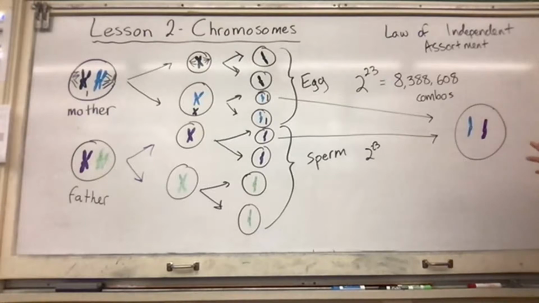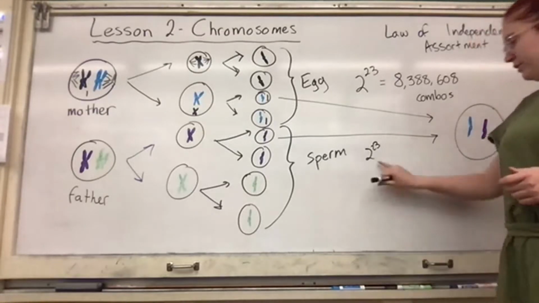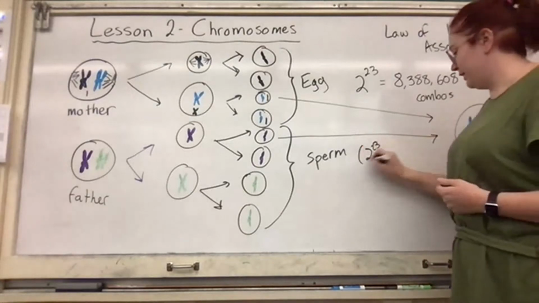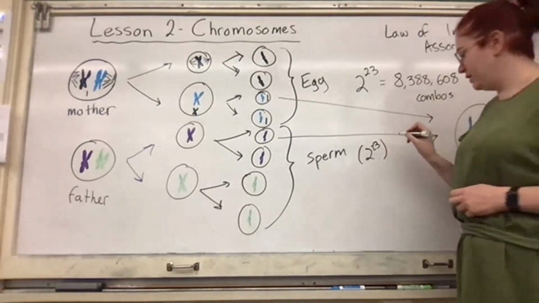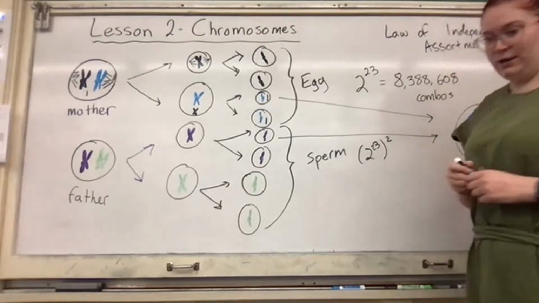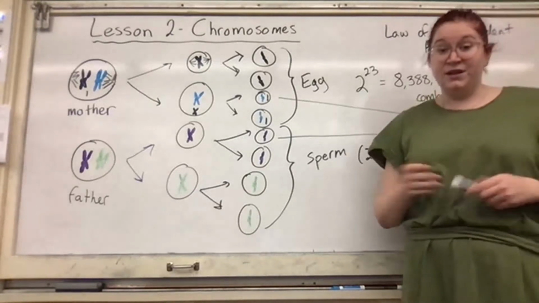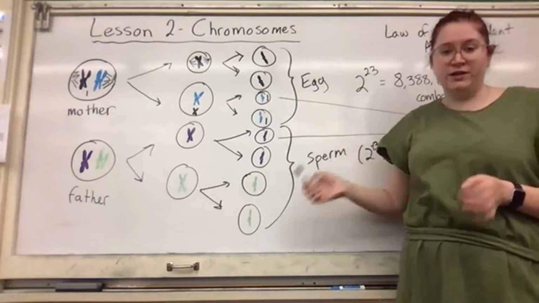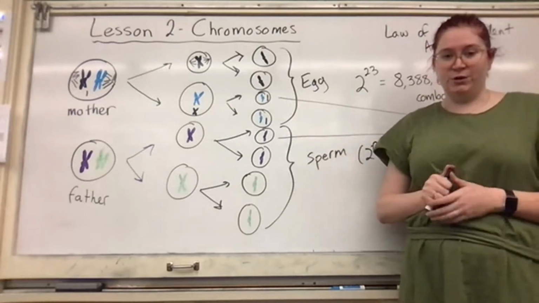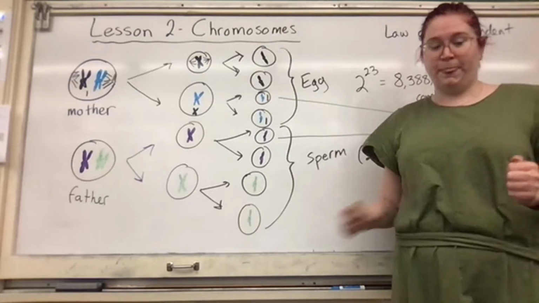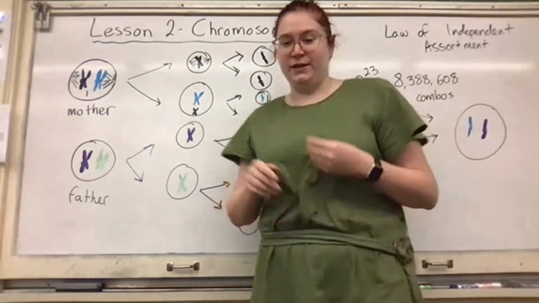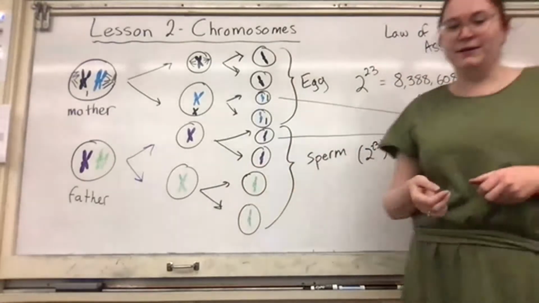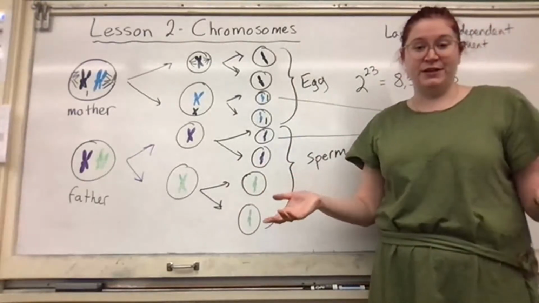And if you're into math and probabilities, now you're getting 2 to the power of 23 combinations squared. And that ends up to be about 70 trillion different combinations. So this is why nobody looks exactly identical to their siblings unless they are twins. Sorry about that. So you are one in 70 trillion different possibilities.